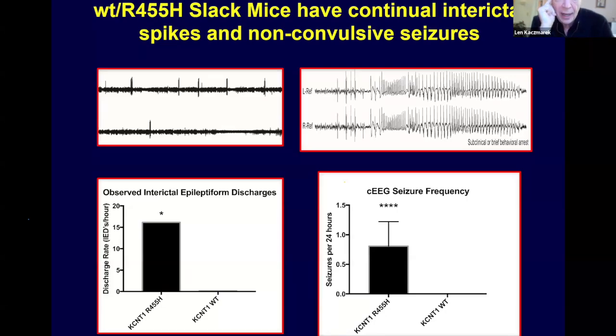The homozygous died, they were never born, but the heterozygous had no phenotype looking at them. But when he put electrodes on the brain, he started to see that they were having seizures, but they were generally non-convulsive, so you didn't see them. The mouse could still be running, it would stop and then continue to run, but there was a seizure going on there. And they would have these interictal spikes.